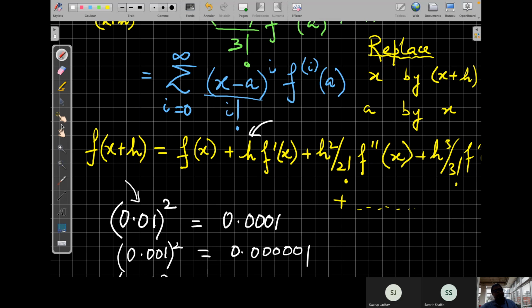So I will not be able to calculate the value of f of x plus h if this h is greater than 1. So in all cases, assume that this h is a very small number, like 0.1 or 0.01, or 0.001. Small numbers you take. Is it understood?